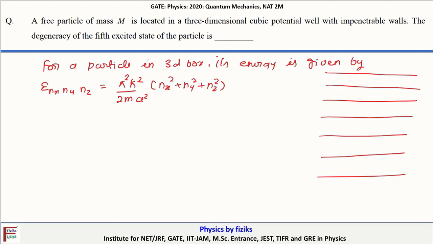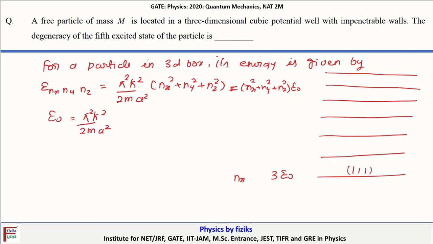When nx, ny, nz take values 1, 1, 1, energy will be 3 E0, where I have defined E0 as nothing but pi square h bar square by twice m a square.